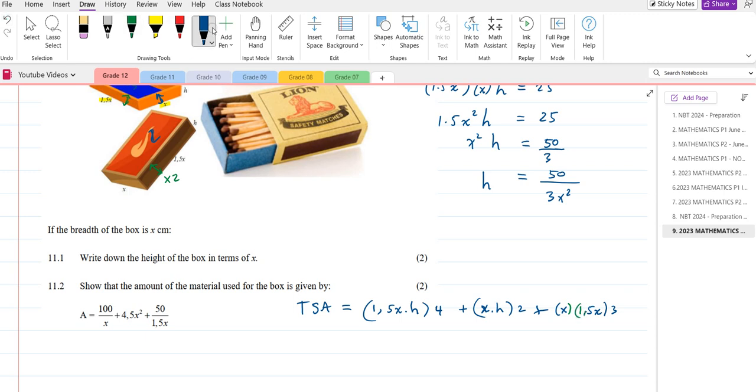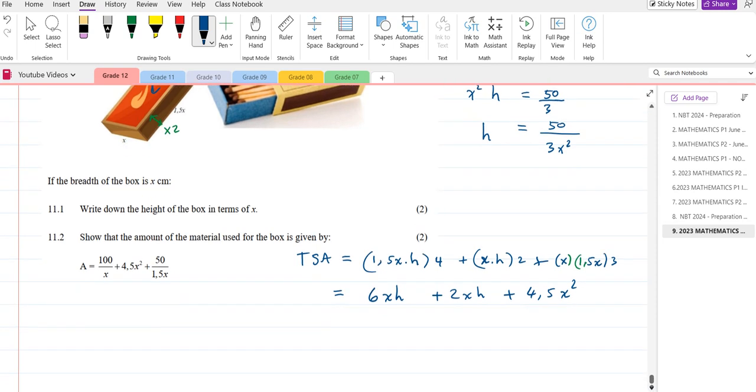Now let's multiply everything out. So 1.5 times 4 is 6xh, plus 2xh, plus 3 times 1.5 is 4.5x squared. Now what is h?